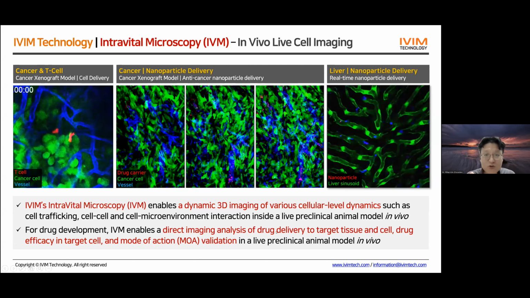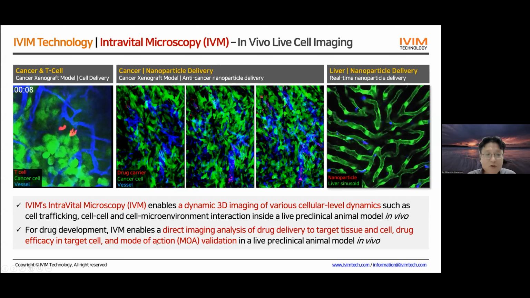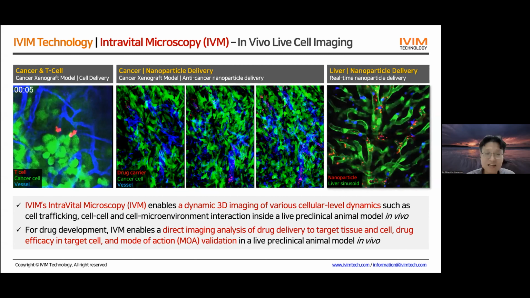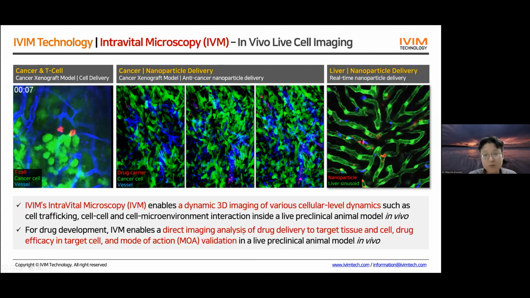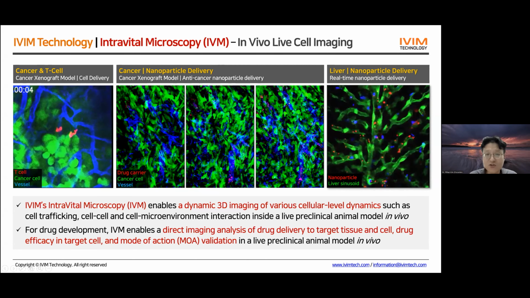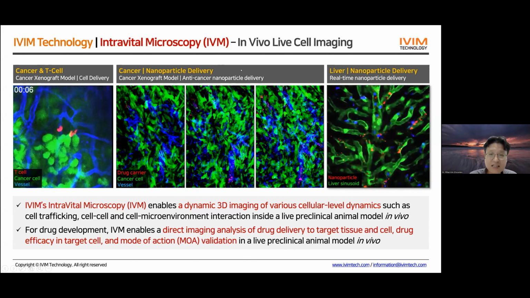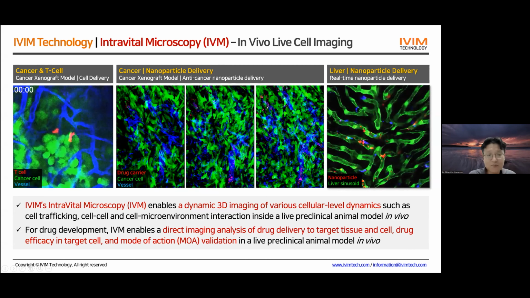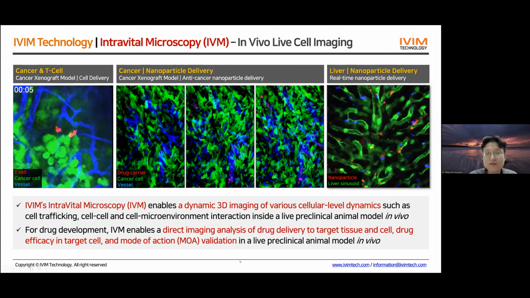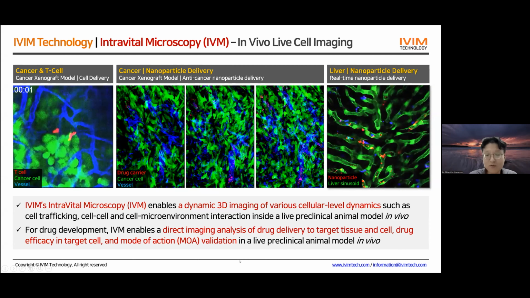And as I showed you before in these two examples, with drug development, intravital microscopy is again a useful technique that can enable direct imaging analysis of drug delivery to the target tissue and cell. We can also monitor the drug efficacy in the target cell after the delivery and validate the mode of action in a live mouse model in vivo.